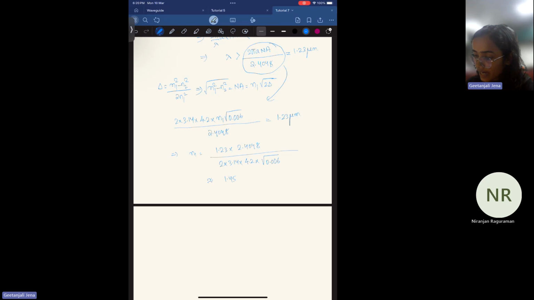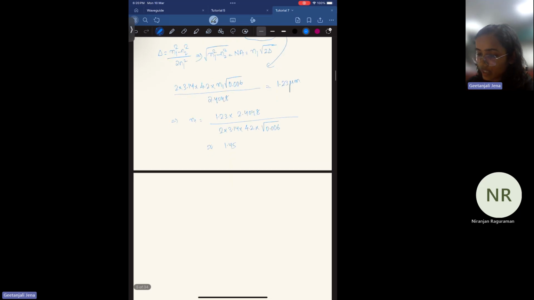Right? And for the N2, you can just use this formula to find out the value of N2. So N2 will be the square root of N1 square minus 2 N1 square delta. That means this is N1 root of 1 minus 2 delta.